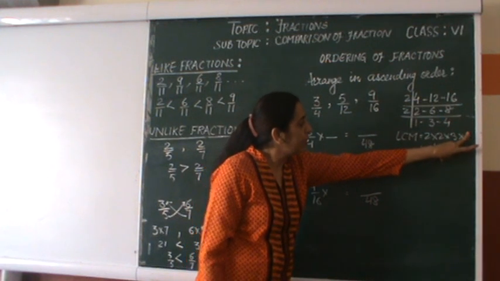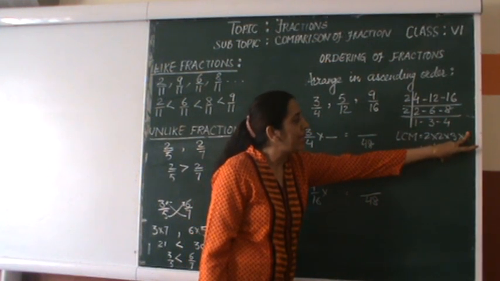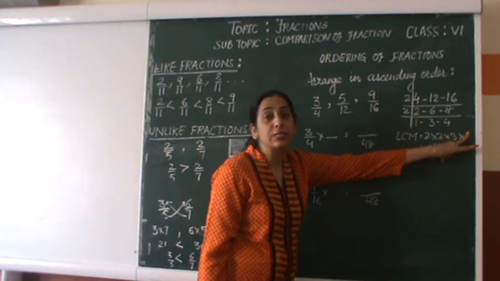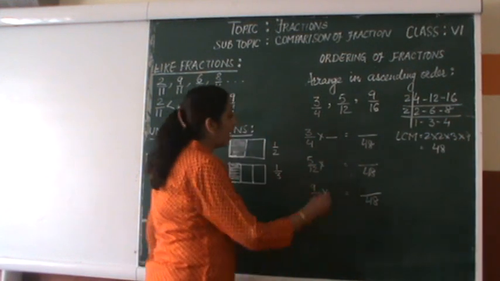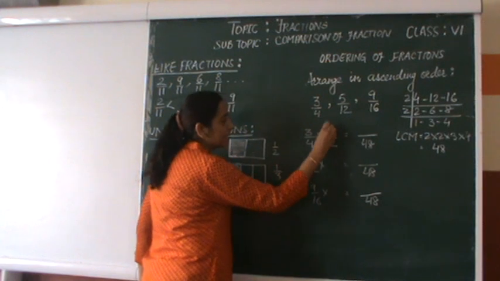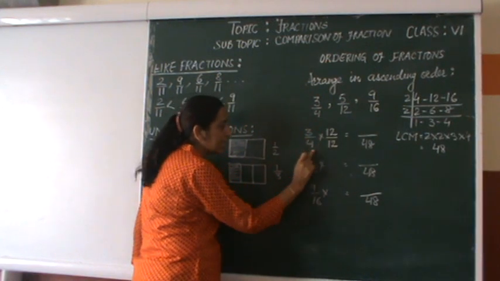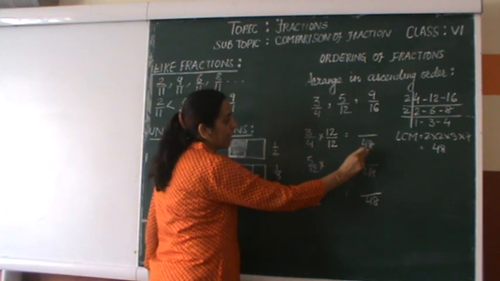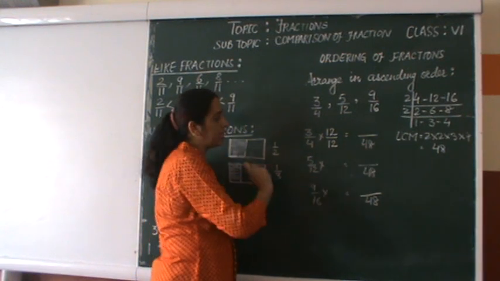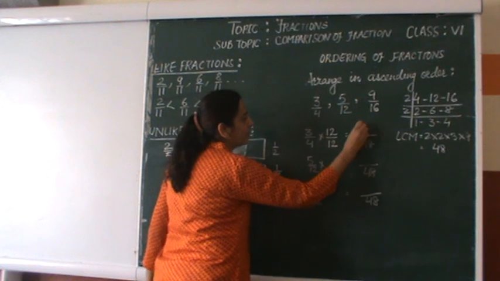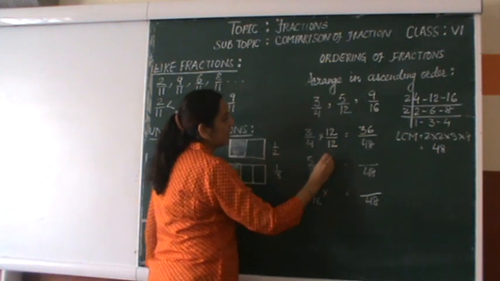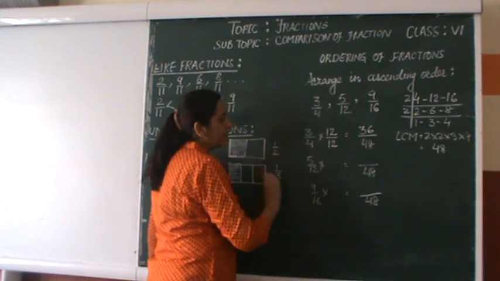You are left with 2 multiplied by 3. That is 2 2s are 4, 3s are 12. So multiply the denominator as well as the numerator in order to convert this 3 by 4 into a fraction with the denominator 48. So this is 12 3s are 36 and 12 4s are 48.